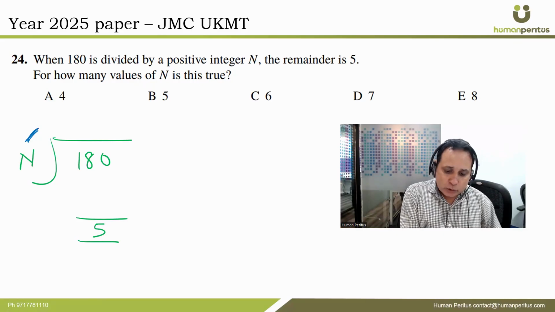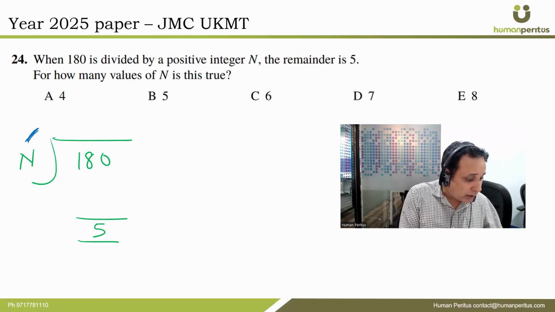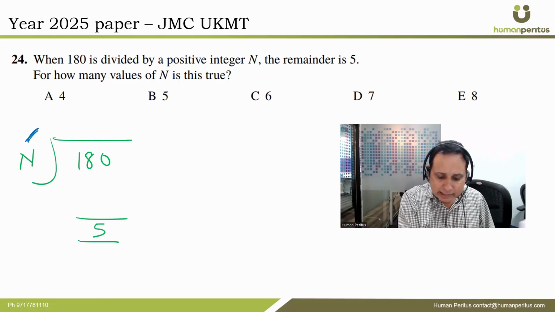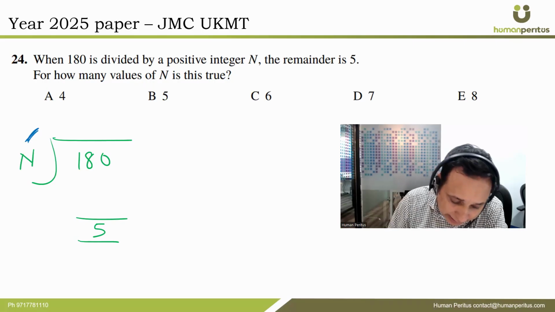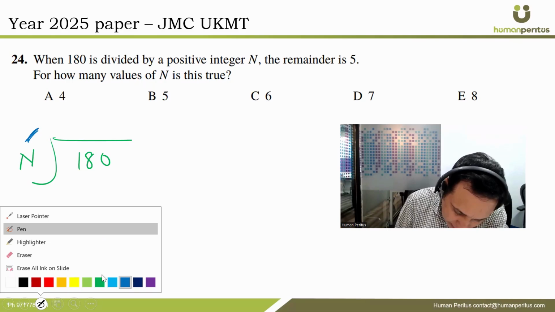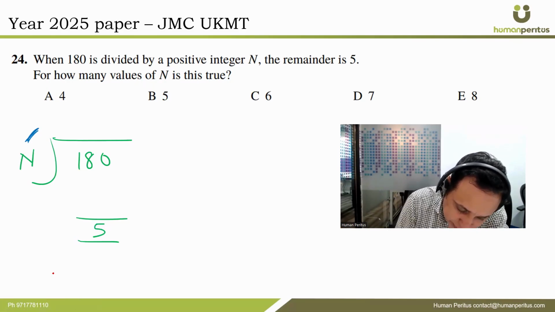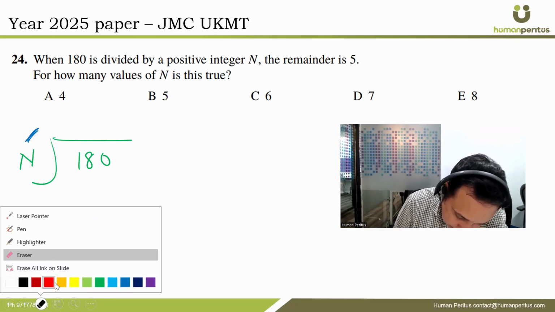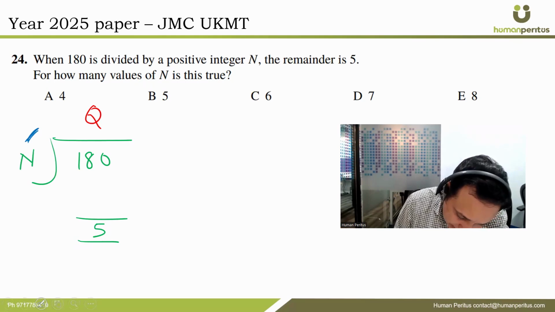So guys, first thing, n is what? Your quotient, let me write it q only. So guys, what is happening?